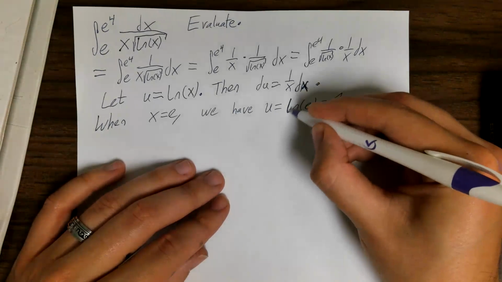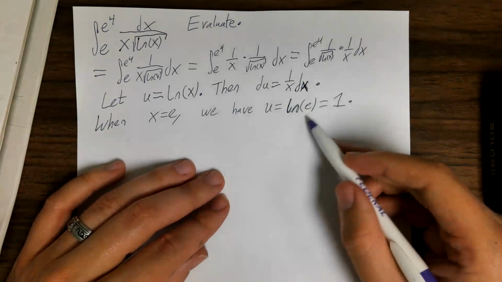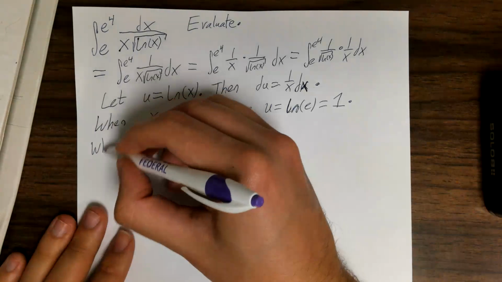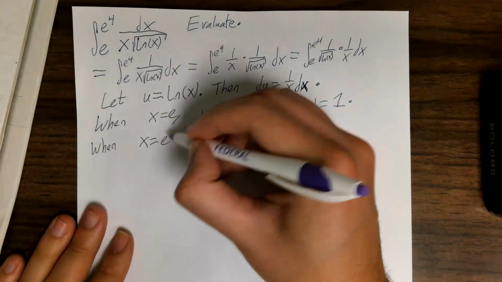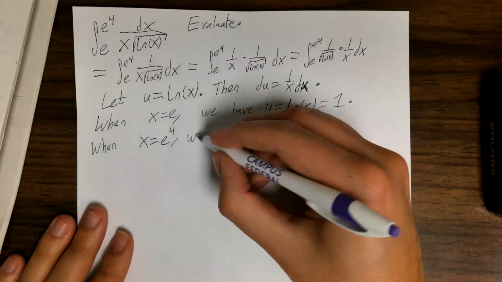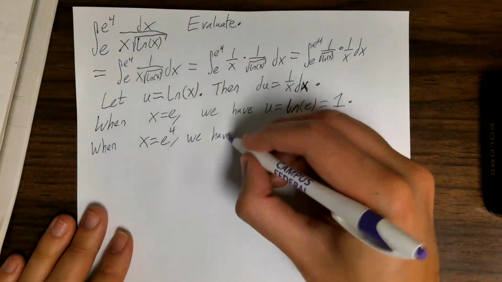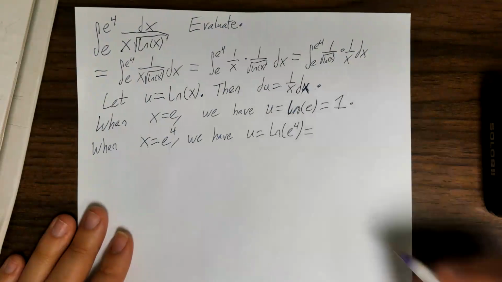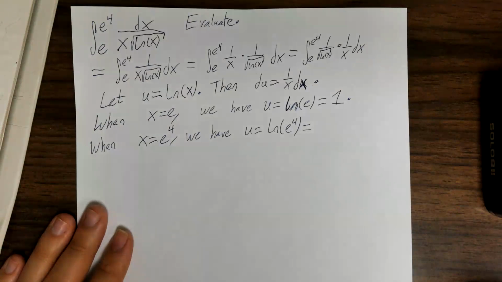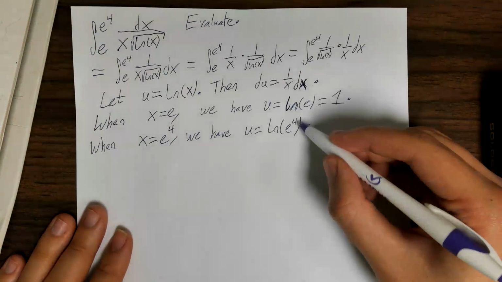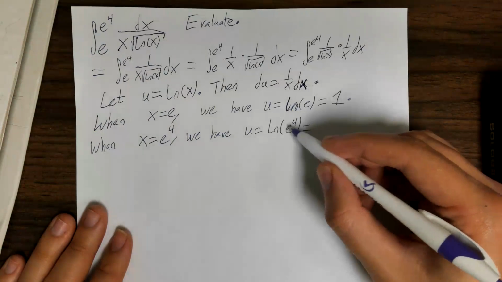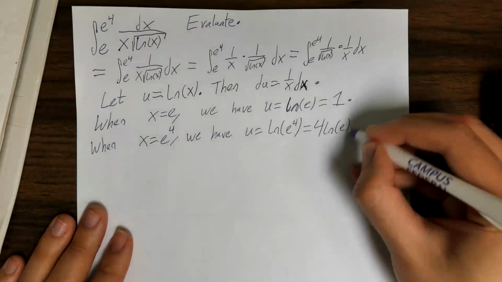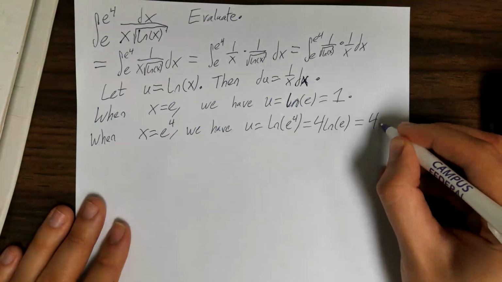But I'm hoping that at this point, you're pretty solid in this identity. When x is equal to e to the 4th power, we have u being equal to ln of e to the 4th power. This one may not be as obvious, but if you remember that powers in your logarithm come down as coefficients, then it's 4 times ln of e. That's just 4.